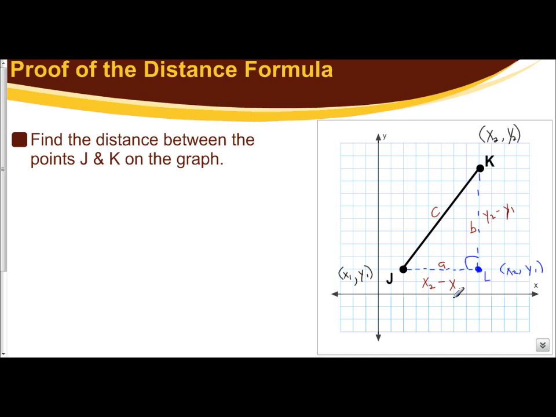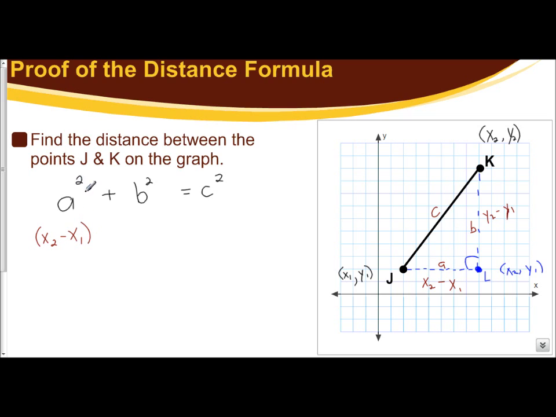And so if you think about the Pythagorean theorem here, the Pythagorean theorem says a squared plus b squared equals c squared. What I can see from my picture is that a, the length of JL, is x2 minus x1. So a is the expression x2 minus x1.